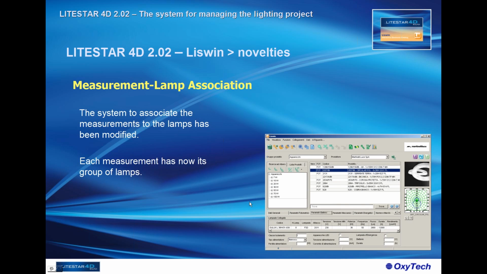Another feature introduced at the Liswin is the measurement lamp association. The system to associate the measurements to the lamps has been modified in the sense that before it was possible to manage for the same luminaire different measurements, but it was the case of different measurements related to the same luminaire related to the same lamp.